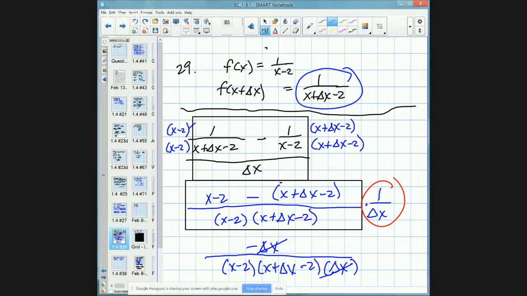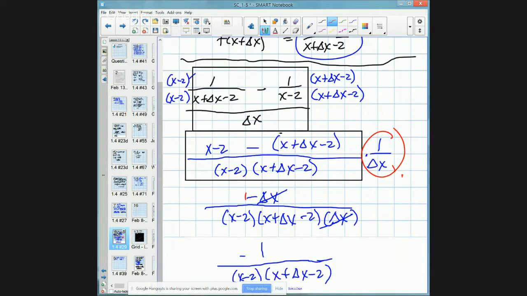When you simplify the numerator, the x's go away, the negative 2's go away, and all I have left is a subtracted delta x. On the bottom, I just have my common denominator along with the delta x from right here. You can cancel the delta x's, and then what's left on the top is just a negative 1 over that denominator.